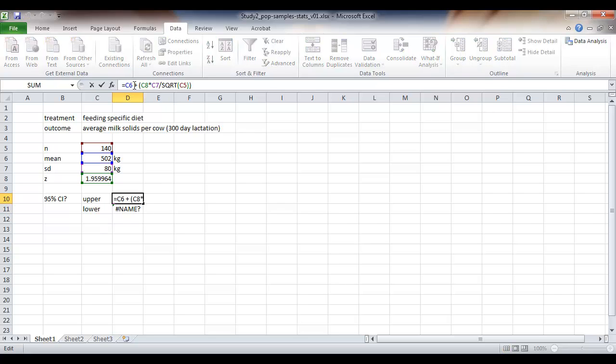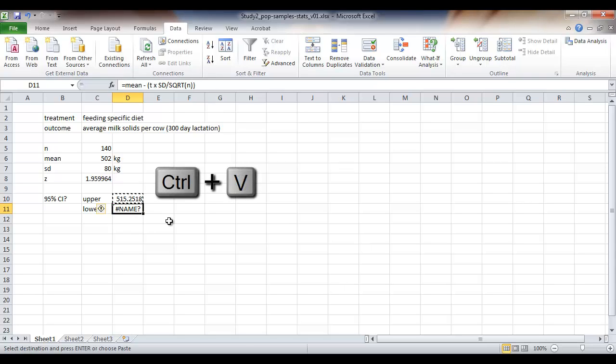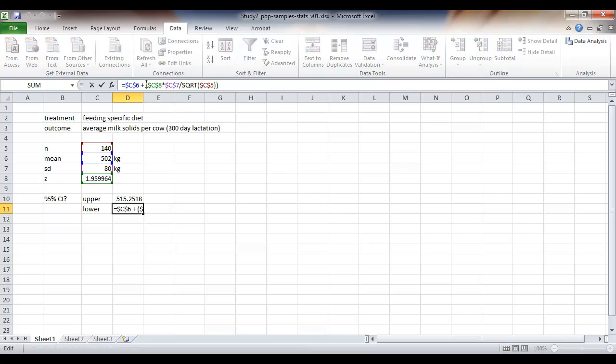If we use absolute cell referencing, so taking each of these in turn and pressing F4, then we can copy, Control-C, and paste, Control-V, that down into the row below without losing the cell references. Then all we need to do is change our plus sign into a minus sign, and that will give us the lower confidence interval. So that's all very well and good if you've got lots of animals in the population.